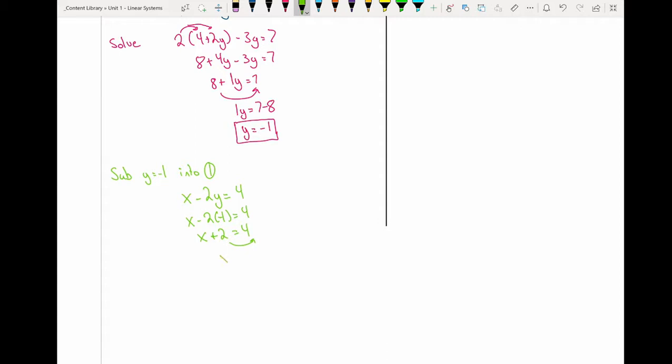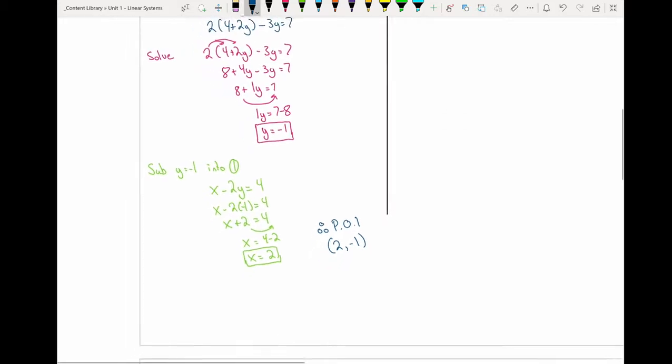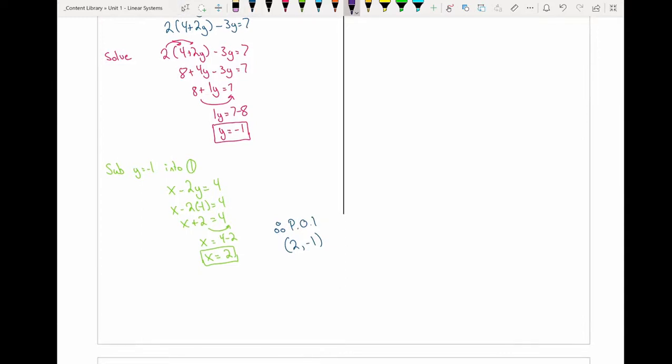I want to get the x by itself, so I get x equals 4 minus 2, or x equals 2. Therefore, my point of intersection is going to be the point (2, -1), or that's my solution to the linear system. The last step we can do is check.